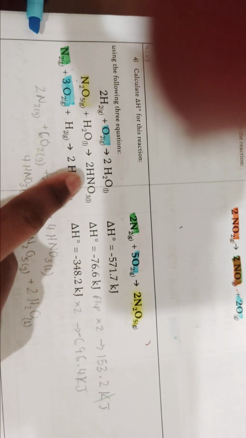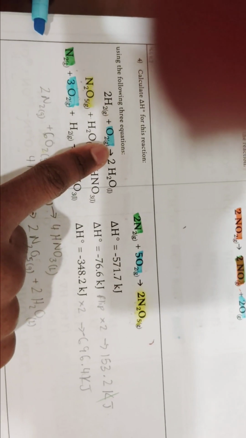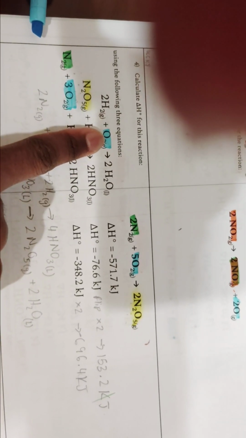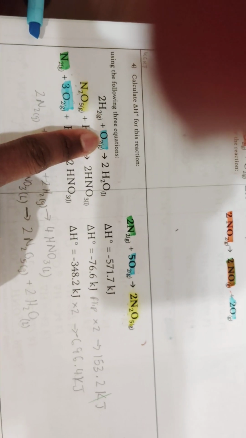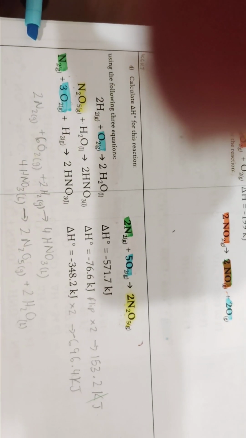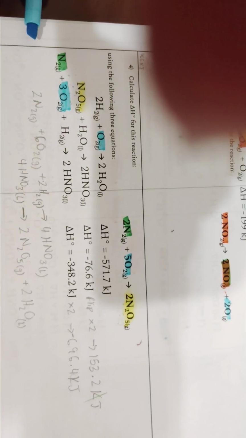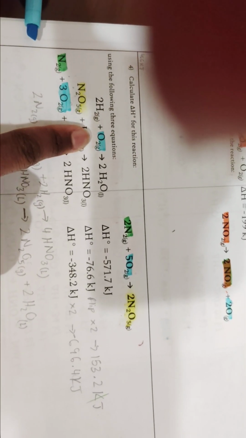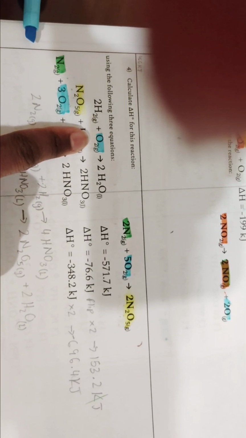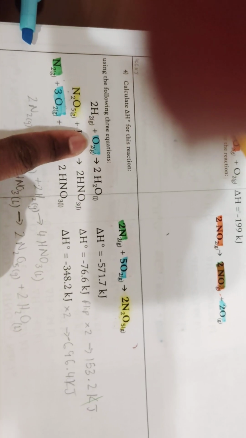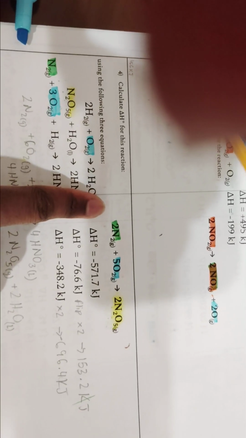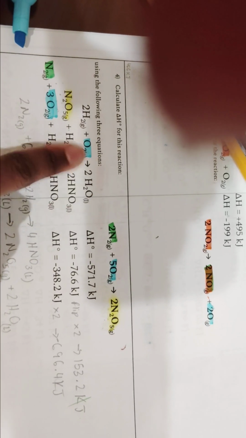Okay, so now we're going to leave this one how it is. Actually, no, we're not. This right here needs to move over to the other side so it can subtract from the other one.